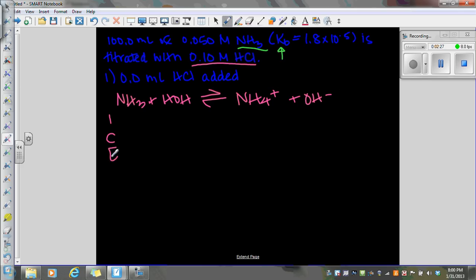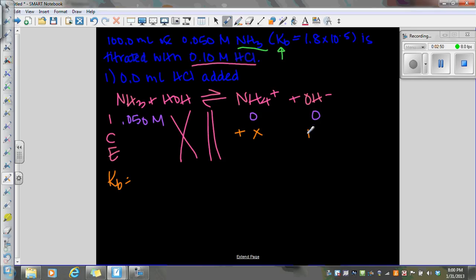So we set up an ICE chart, draw the fence, X out water because it's a pure liquid, and substitute in our molarity of ammonia because that's all that's there. The 100 milliliters doesn't matter. There's no ammonium and no hydroxide. We know our Kb, so we can do product side goes up by X, reactant side goes down by X. We get 0.050 minus X, X, and X.